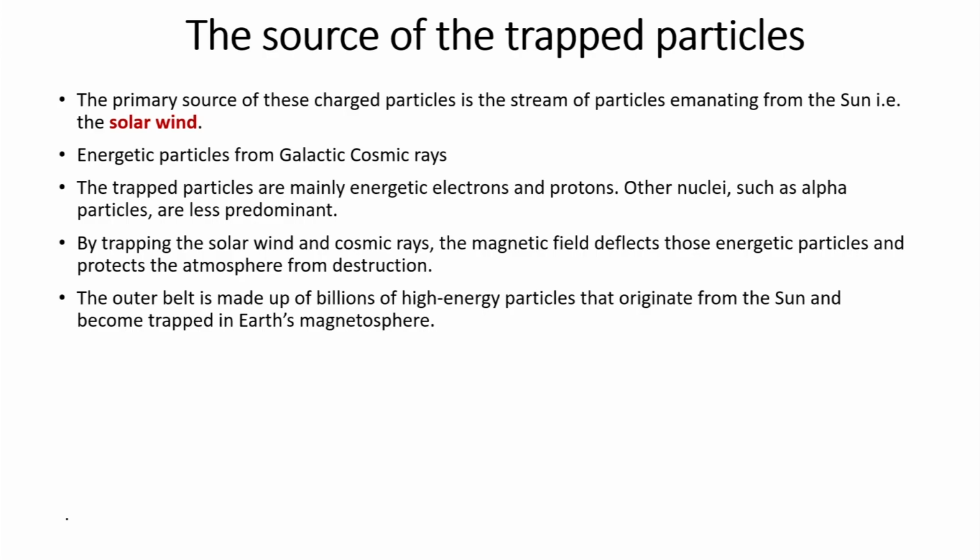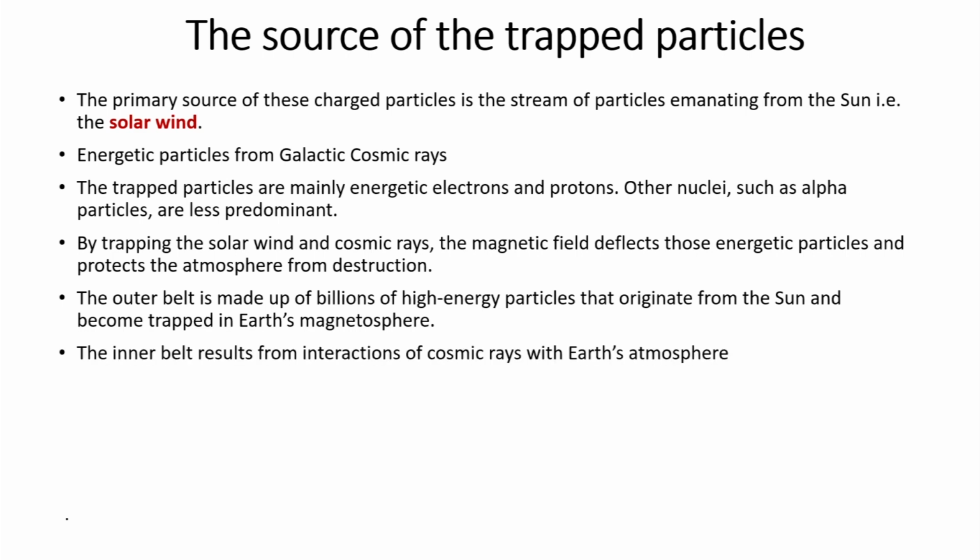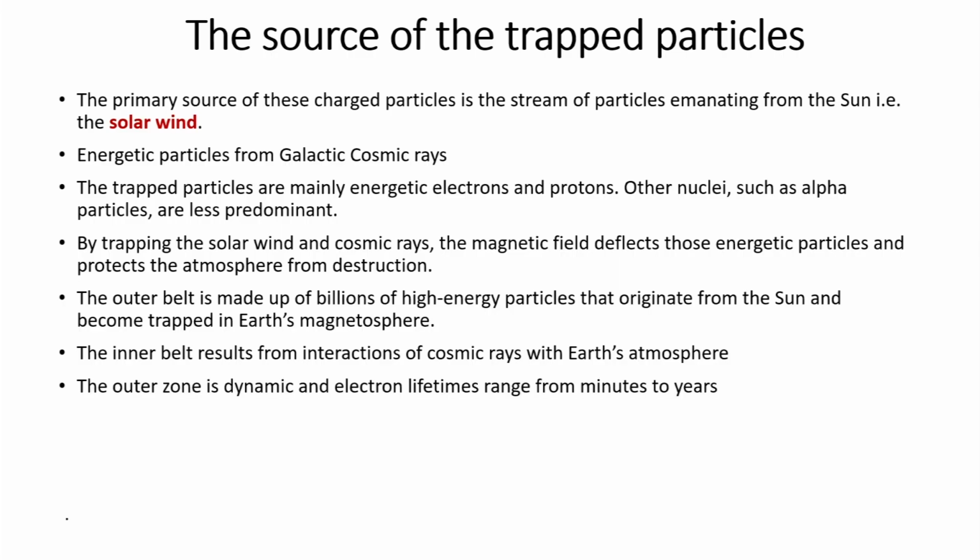The outer belt is made up of billions of high energy particles that originate from the sun and become trapped in the Earth's magnetosphere, whereas the inner belt results from the interaction of the cosmic rays with the Earth's magnetosphere. The outer zone is very dynamic and the electron lifetime ranges from minutes to years, whereas the inner zone is more stable and the lifespan can last up to 100 days.